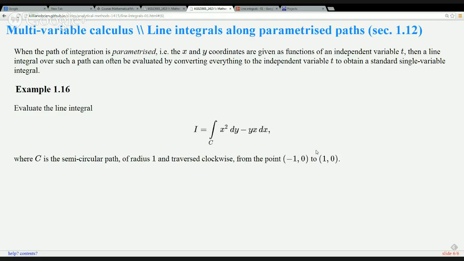So I becomes the integral where we have to integrate from pi to 0. We're going to integrate cosine squared of t, and dy is another cosine of t dt. And we minus y times x, so sine t, cosine of t.